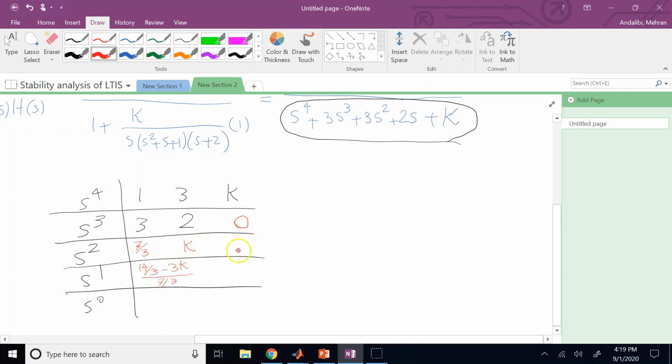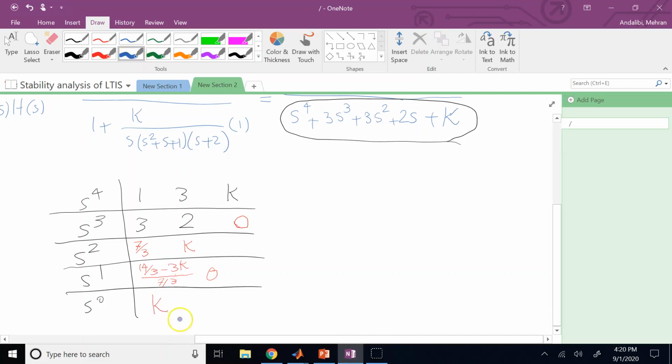The next one, I don't have anything to go on, because it is 7 over 3 and 3, and this is 0. Again, I have to add an artificial 0, and if I do so, the result is simply going to be 0. And now when I come here, I multiply these together, minus these two, divided by this, so the result is simply going to be k.